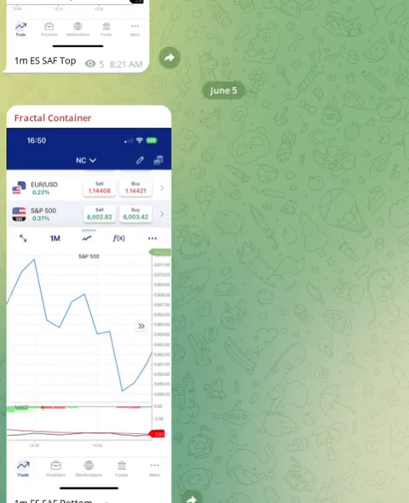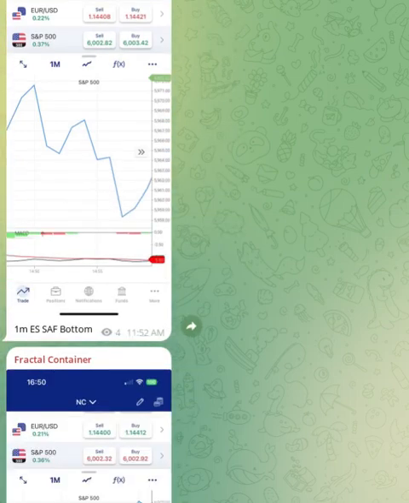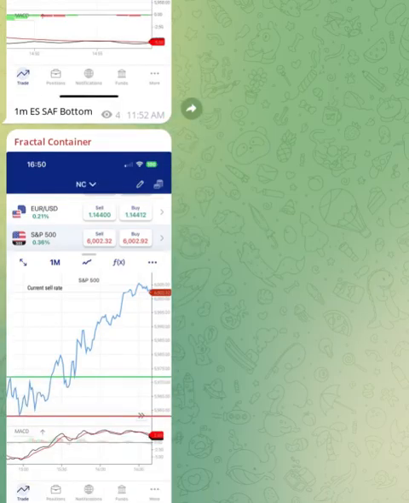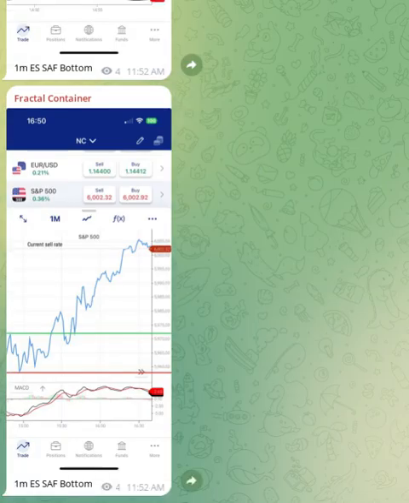Okay, here's a blow up on that 1 minute fractal, and look what happened there. Went right up. Okay, so the fractals will tell you the turn, whether it's going to be a growth or decay, i.e. a rally or a decline.